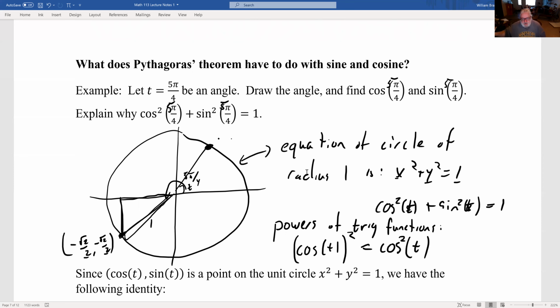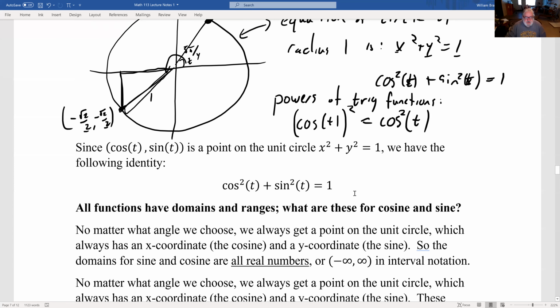So cosine with the 2 there means the quantity cosine of t, quantity squared. It's mathematical tradition to write the power just on top of the cosine. So that gives us this identity. This is an important identity about cosines and sines. Cosine squared plus sine squared equals 1. It's just the equation x squared plus y squared equals 1 applied to the unit circle.